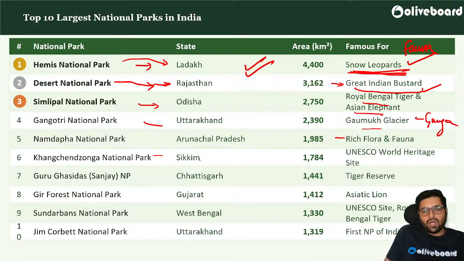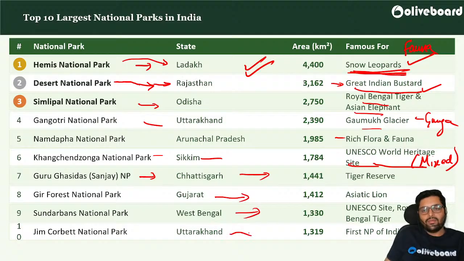Kanchenjunga, Sikkim, is a UNESCO World Heritage Site and it is a mixed site. Guru Ghasidas, Chhattisgarh. Gir, Gujarat. Sundarbans, West Bengal. Jim Corbett, Uttarakhand.